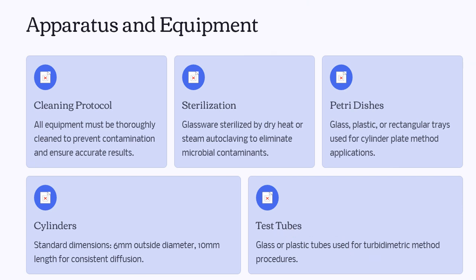Okay, we are using petri dishes, test tubes and cylinders for making wells. Petri dishes may be glass or plastic, and may be rectangular, and test tubes are also glass or plastic tubes. All the equipment is well cleaned to prevent contamination, and all should be sterilized by using a hot air oven or an autoclave.